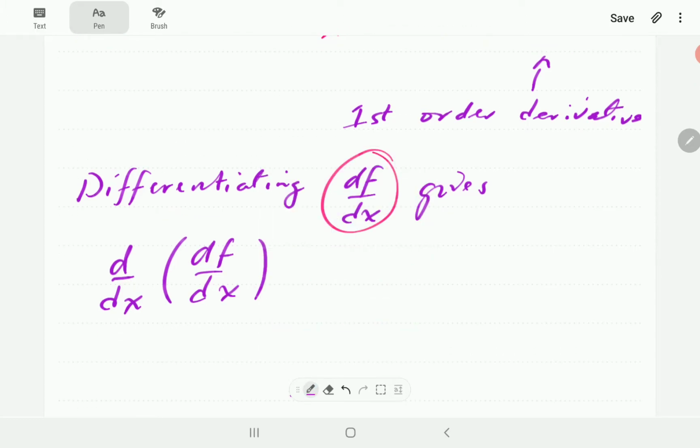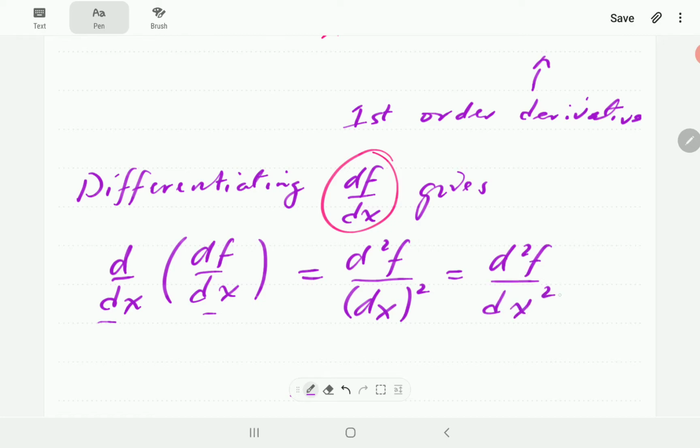Now simply multiplying here means that in the numerator we're going to have d squared. So indeed we write d squared f in the numerator. In the denominator we're going to have dx squared. However, for brevity, in the denominator we write without the brackets.